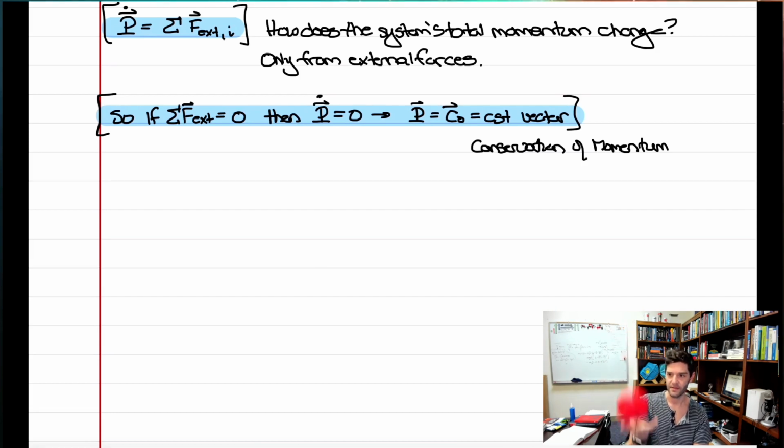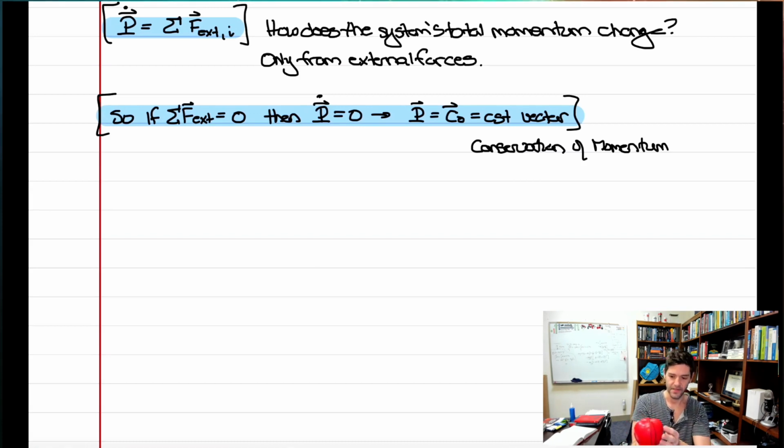Because in most of the situations where it's in the air, it's only gravity. When it's hitting my hand and coming to rest, there is more force from my hand than there is from gravity, which is what's slowing it down, but that is changing the momentum of the apple. That is taking away the momentum from the apple.